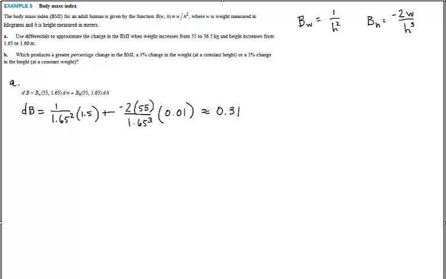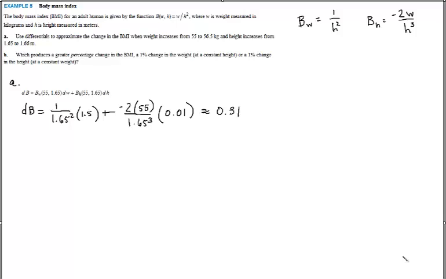Alright, and there we have our differential. We have how the BMI changes as a result of a change in both weight and height. And I believe we did an increase in weight and an increase in height, just to see what's going on with this change in differential.